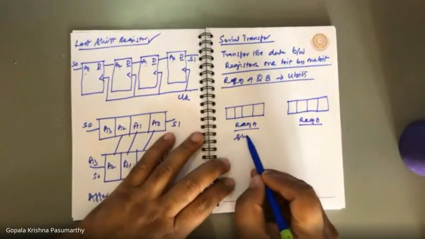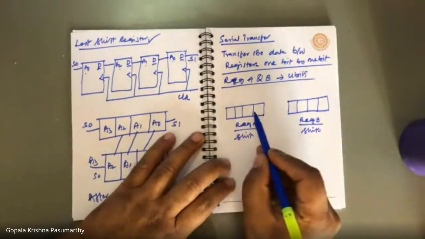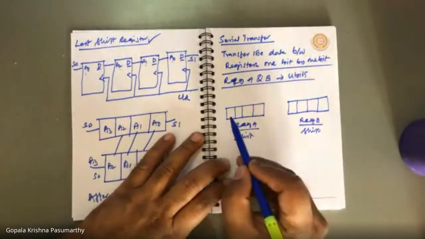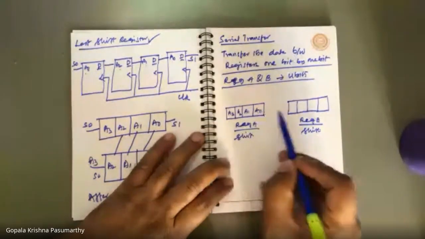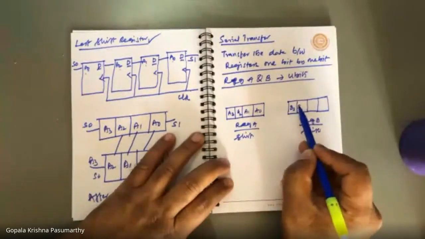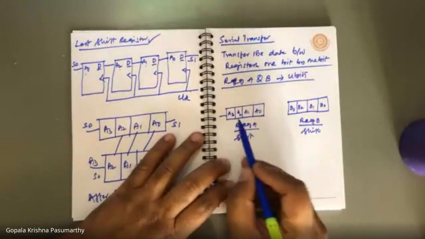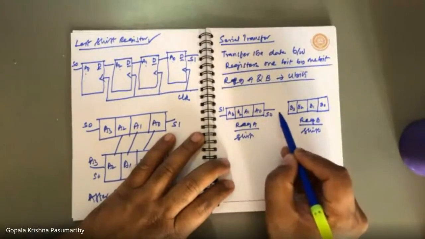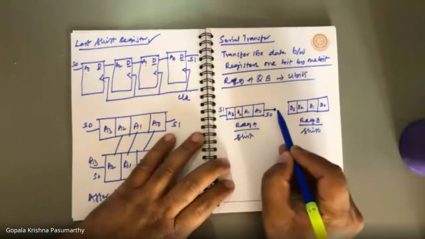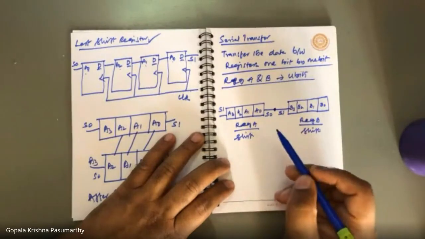Both have the capability of shifting their contents. So this is also a shift register. Let us write the names A3, A2, A1, A0 and B3, B2, B1, B0. Since this is a shift register, it contains its serial input and also serial output. The serial output of the first register is connected to the serial input of the second register, SI.